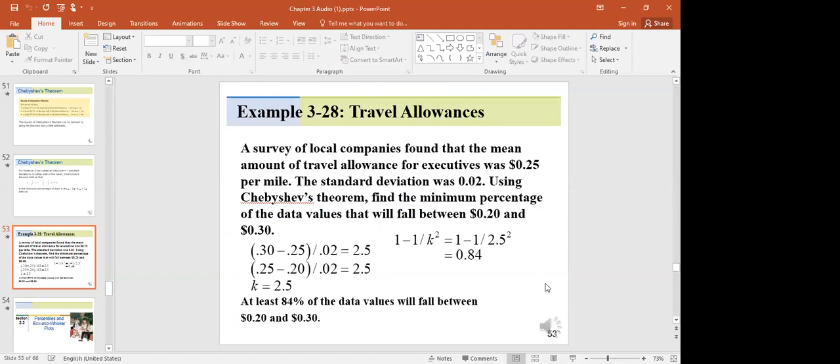So going back to the PowerPoint, we can see that 84% of data values will fall between 0.2 and 0.3. That is, 84% of people spend between 0.2 and 0.3 on allowances for executives.